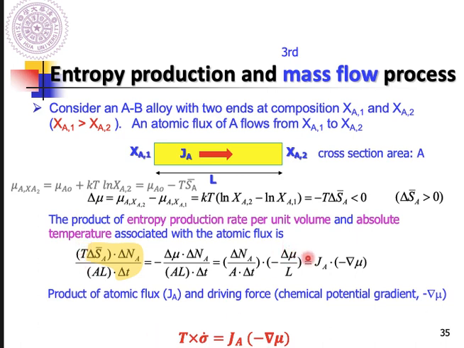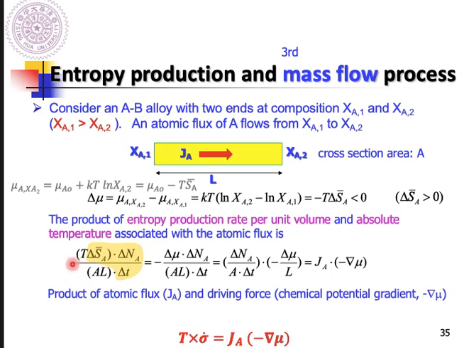So we successfully demonstrate that the universal equation also works in a mass flow process, and in this case the flux is the atomic flux and the driving force is the minus chemical potential gradient. Some people will probably wonder why you can formulate this term in the beginning.